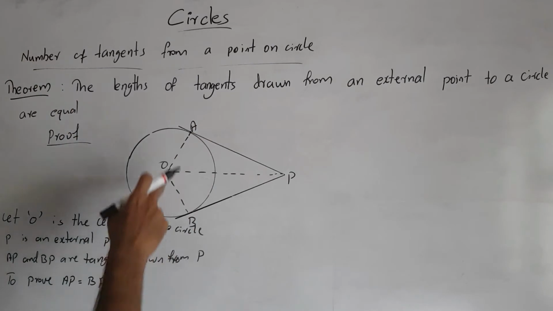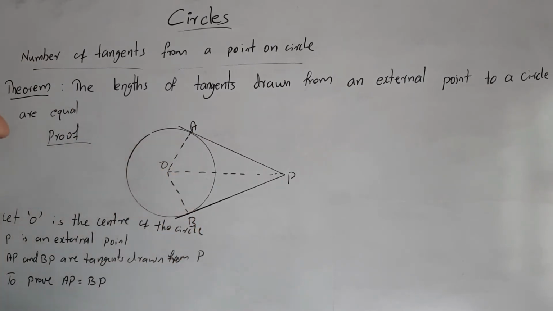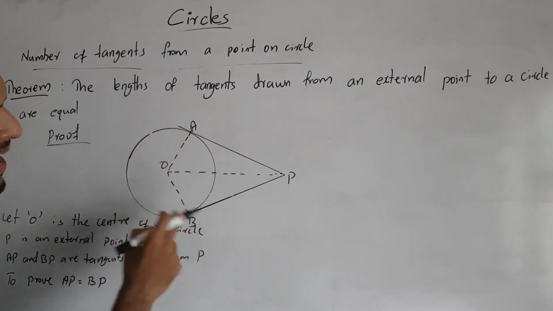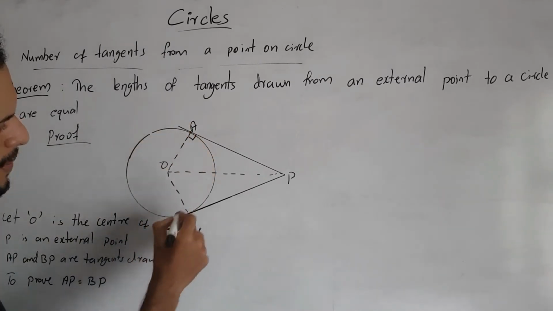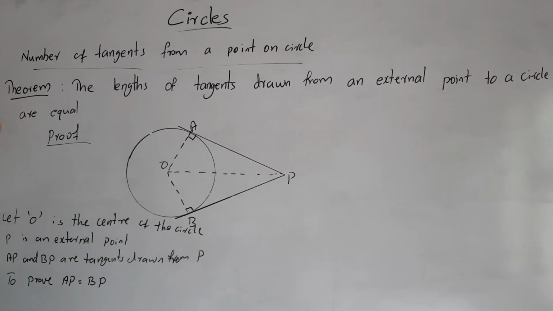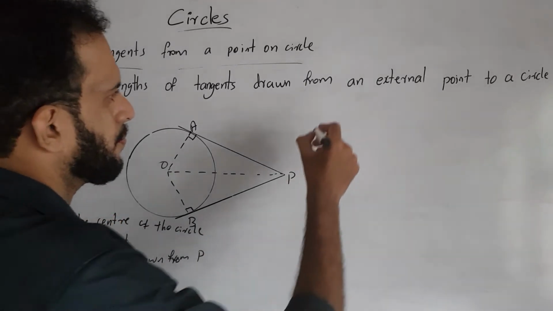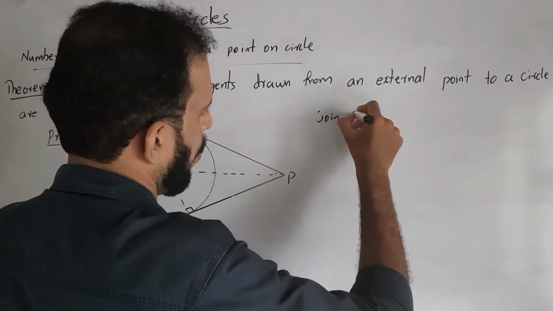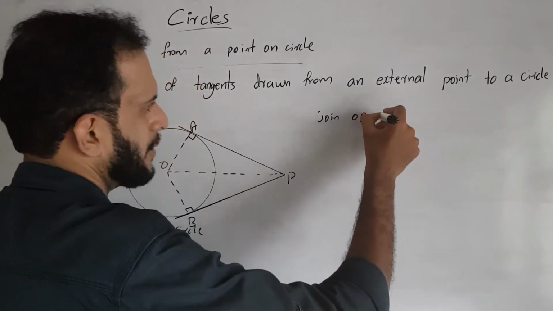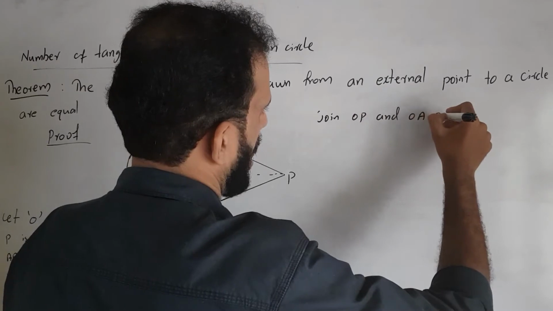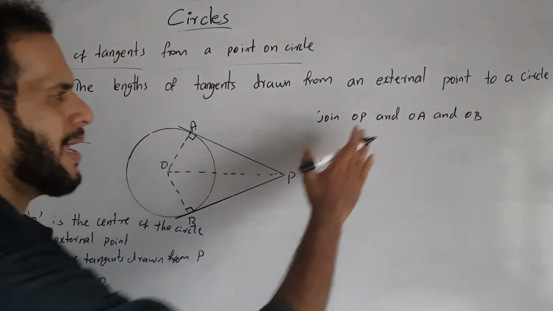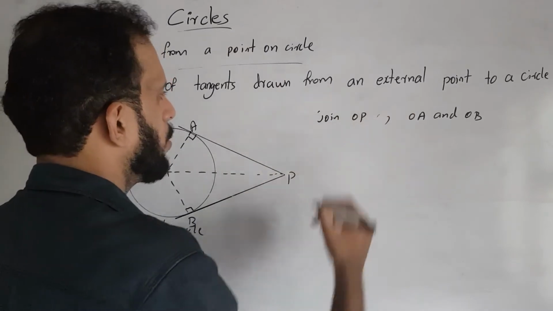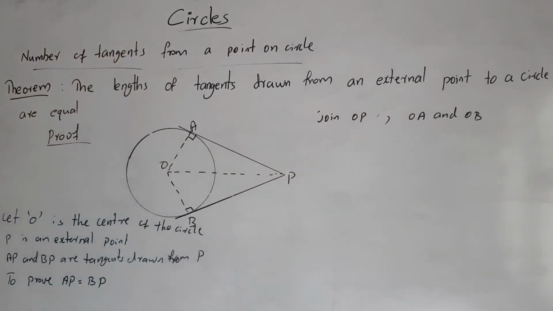Then it is very clear OA and OB are the radii through the points of contact A and B. Then OA is perpendicular to AP and OB is perpendicular to BP. So next we construct: join OP, OA and OB.